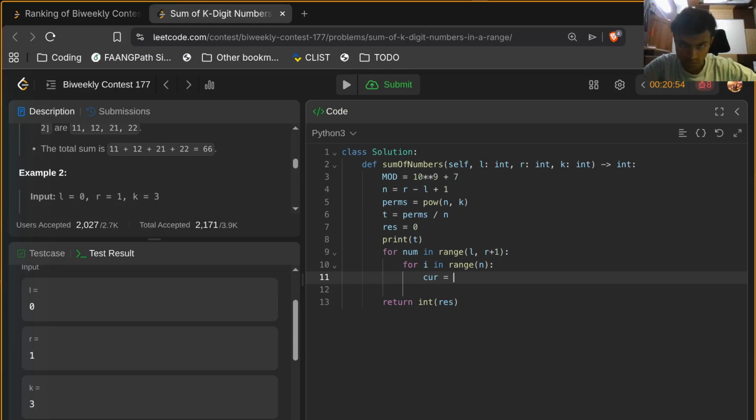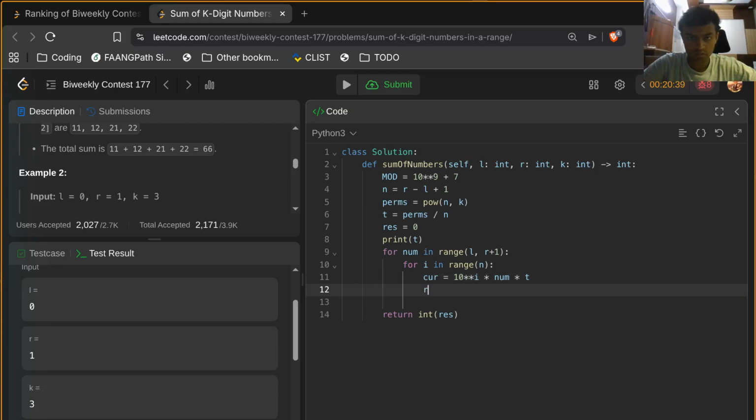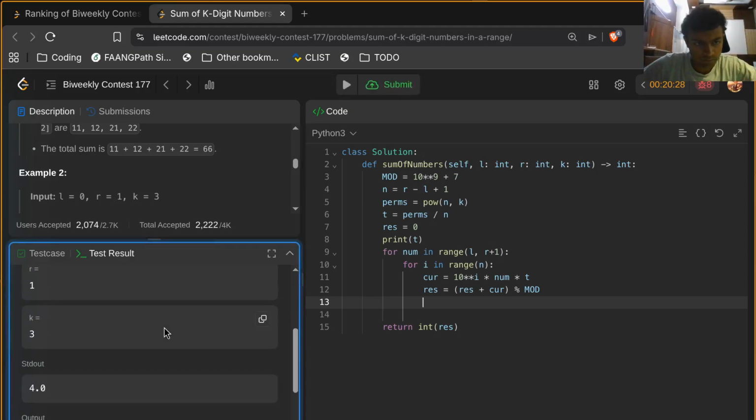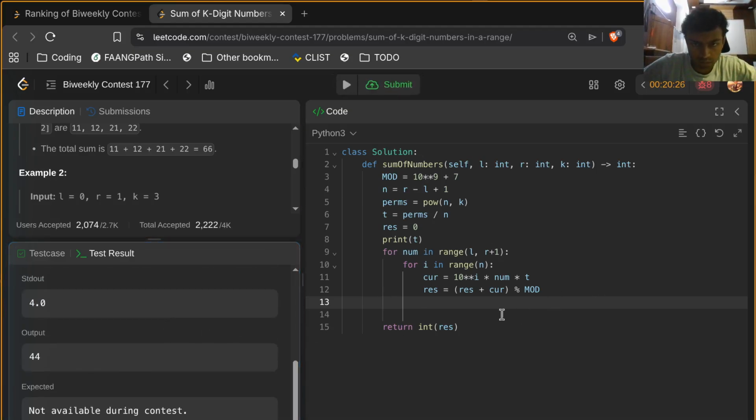Current is equal to i times num times t. res is equal to res plus current mod 44. That makes sense.